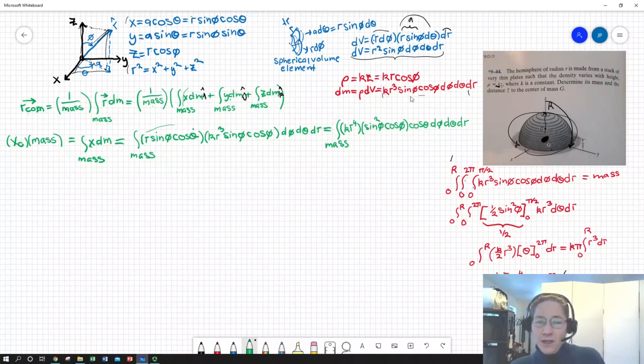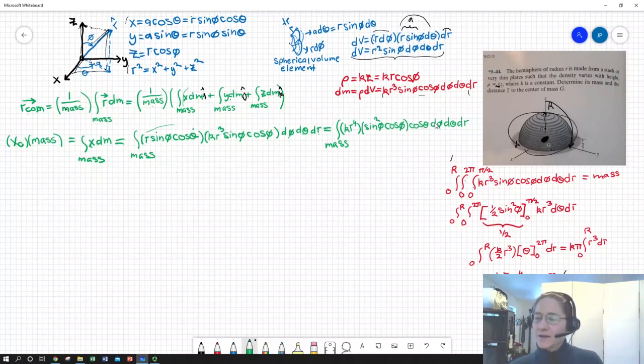So now I've got my big dm expression. And I've broken out the parts that have a function, and then my components, my variables with respect to which I'm integrating. Simplified it a little bit here. Pulled out the r parts, the phi parts, and the theta parts.